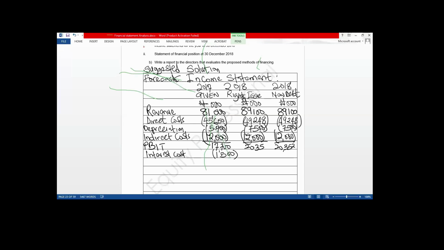The question again. The answer is no. If we finance the expansion by right issue, that is equity financing. That means our interest cost will not change. 1,500.